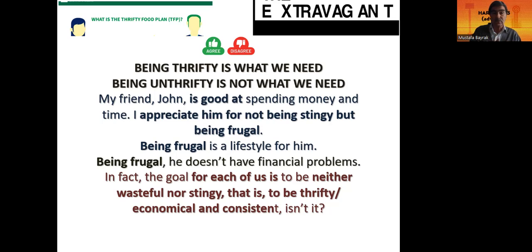For example, the original form is as he is, okay? Because he is frugal, as he is frugal, he doesn't have financial problems. So in short, in a shortcut, being frugal, he doesn't have financial problems. Why doesn't he have financial problems? Because he is always frugal, not extravagant, frugal, economical, thrifty.